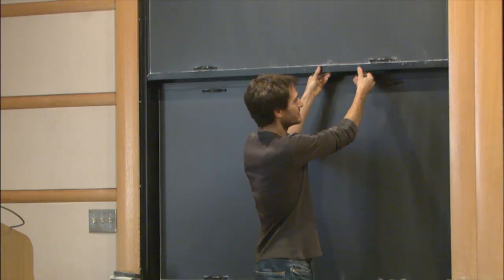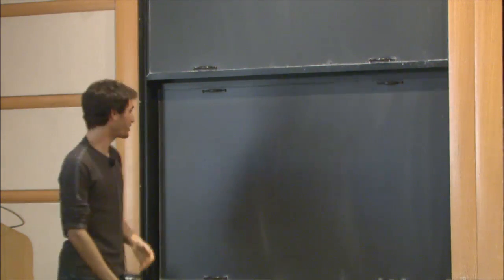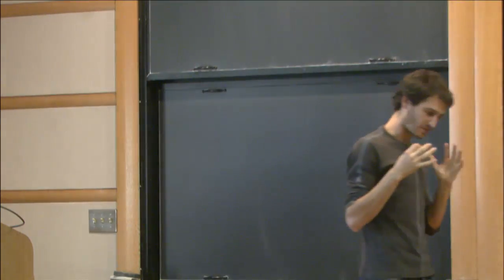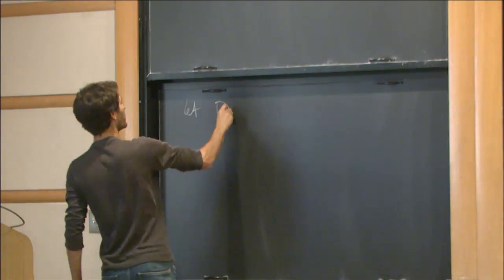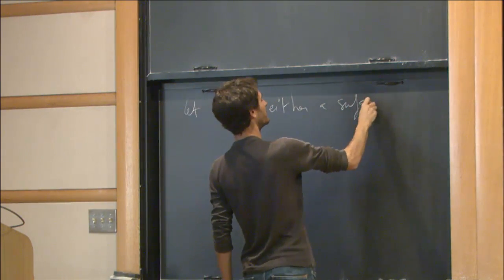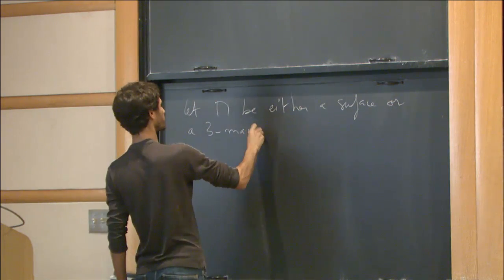So let me start with this review of structures on character varieties. In my purpose, I will just talk about character varieties of surfaces or 3-manifolds. So let M be either a surface or a 3-manifold, maybe with boundary.